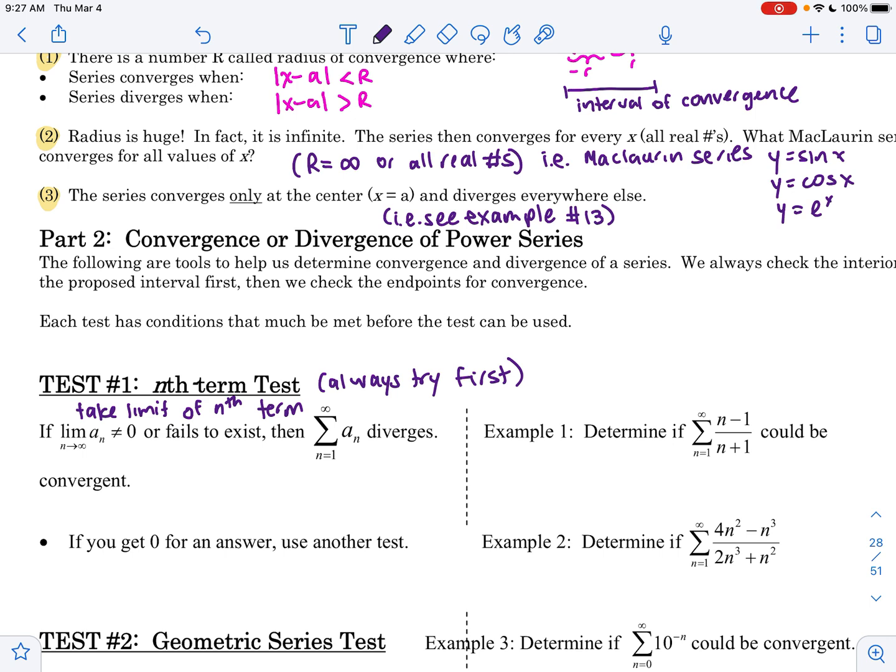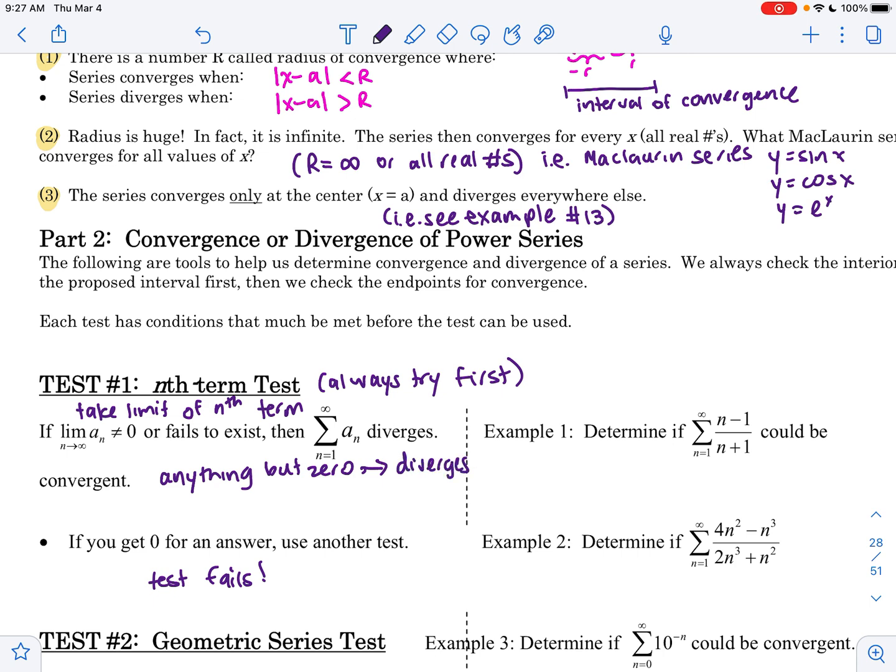It diverges if you get anything besides 0. If, however, you do get 0, your test is going to fail. So test fails if you get 0. So over here, you guys can say anything but 0. Your conclusion is that it diverges. So if it's anything but 0, it diverges.